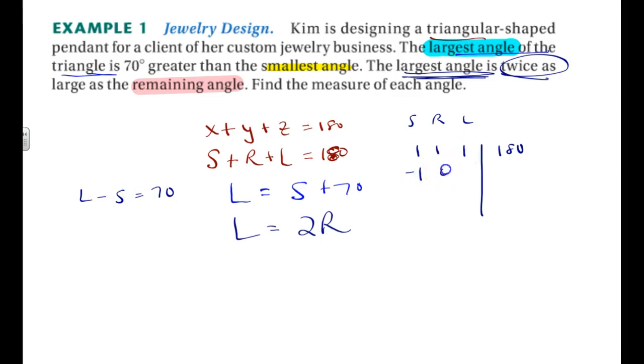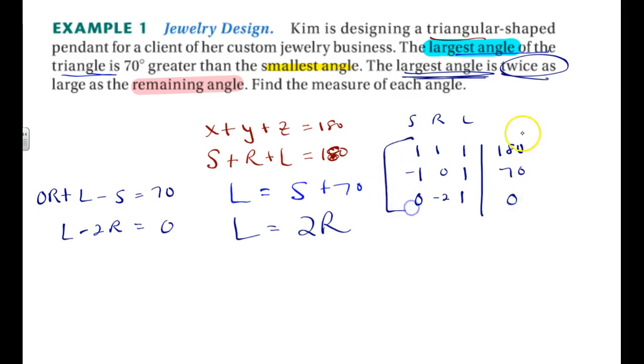The remaining is 0, because there's no r here, so I could say 0r plus 1l is 70. And then over here I got l minus 2r equals 0. So the L is a 1, the R is -2, and I've got no small value here. And we'll go for a 0 here.